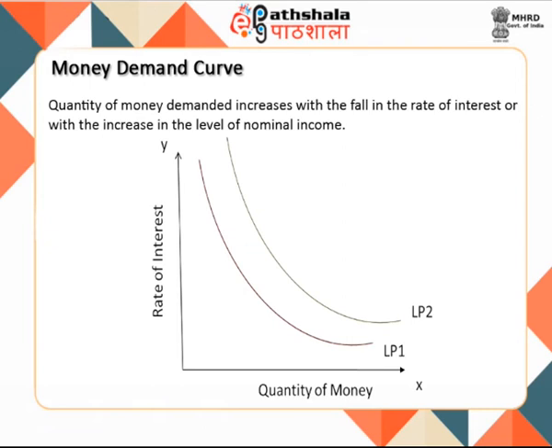As demand for money is inversely related to the rate of interest, the money demand curve at a given level of income will be downward sloping, as shown by the curve LP1 in figure 9.2. When the level of money income increases, suppose from Y1 to Y2, the curve of demand for money shifts upward to the new position LP2.